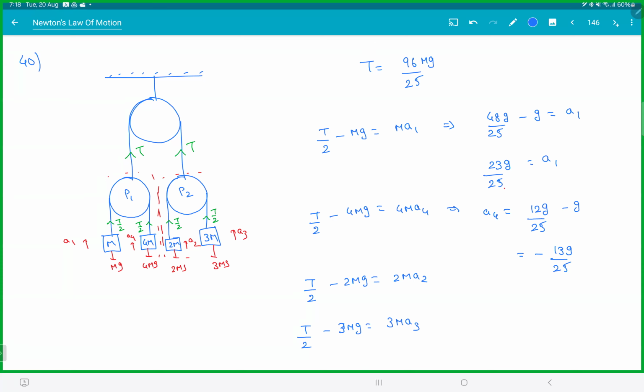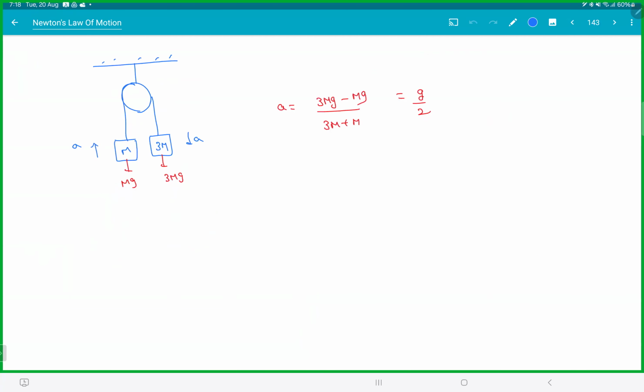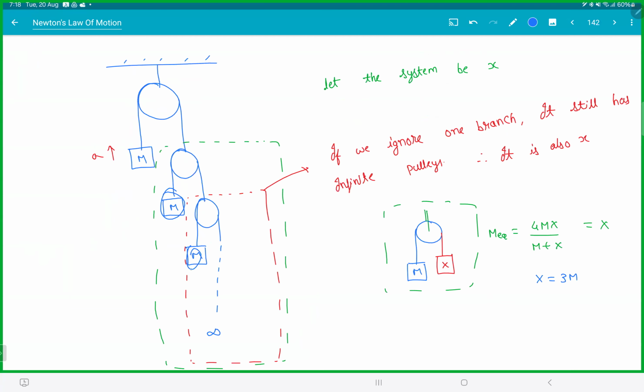Can we say mass of P1 is 5, so the force acting is... Is that what you learned in the last class? Did you even bother to see the notes, or then why didn't you do that here? Since there is m and m, why didn't you take this as infinity?